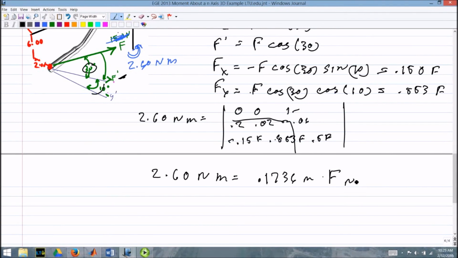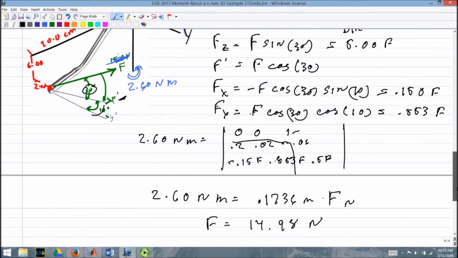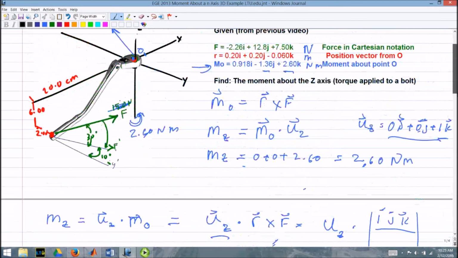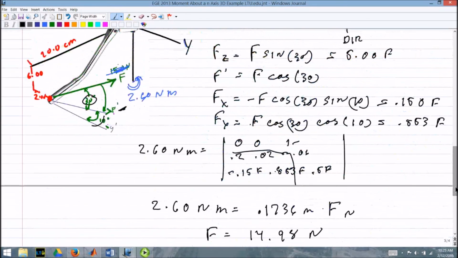And solving for F, I find that F equals 14.98 newtons. And if we go back and double check, we originally specified the F as 15 newtons. So we've kind of come full circle and got the same result doing the problem in both directions.